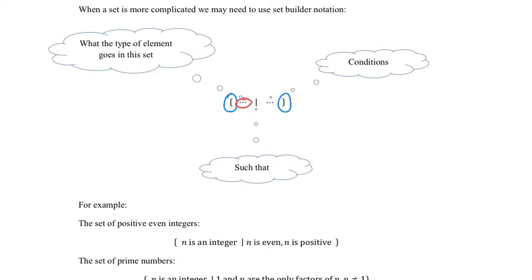Some brief description of what you have. A number, a symbol. It could be many different things depending on what you're trying to do. And then any conditions that might come up go on the right side of the bar. So the bar itself means such that. So what the things look like, such that particular conditions are true.